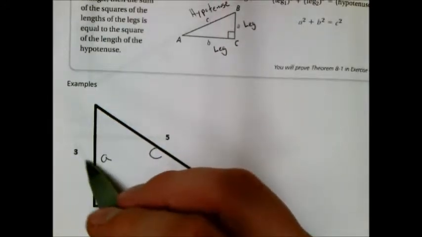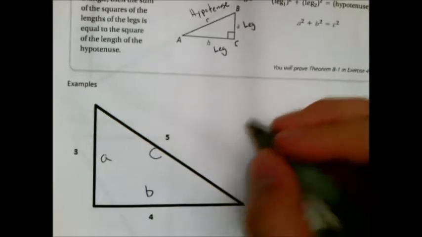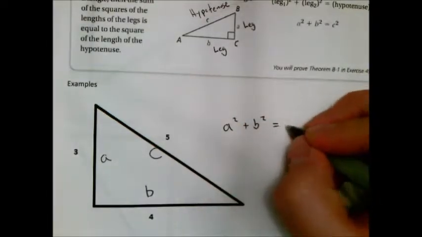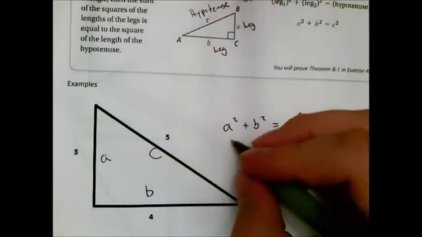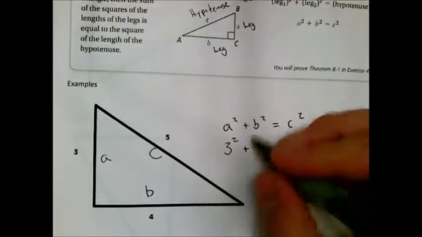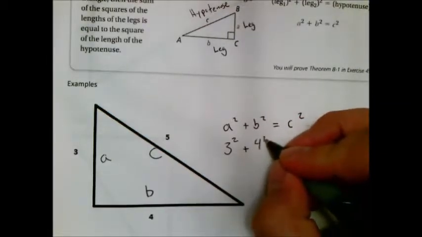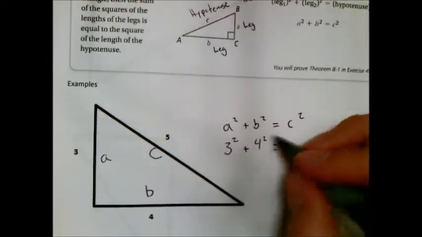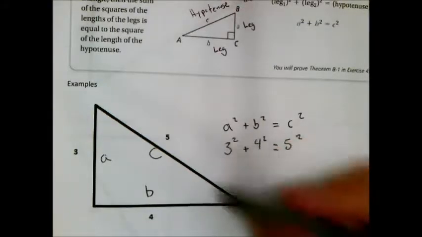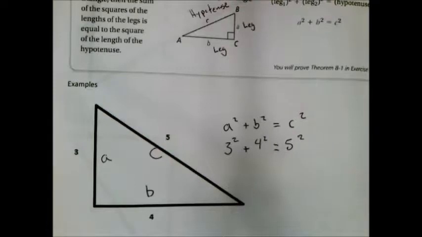So this is what we're going to do. We're using A squared plus B squared equals C squared. So we're going to take A, which is 3, and square it. We're going to add B, which is 4, squared. We're going to set it equal to C, which is 5, squared. Now this little 2 right here is an exponent.